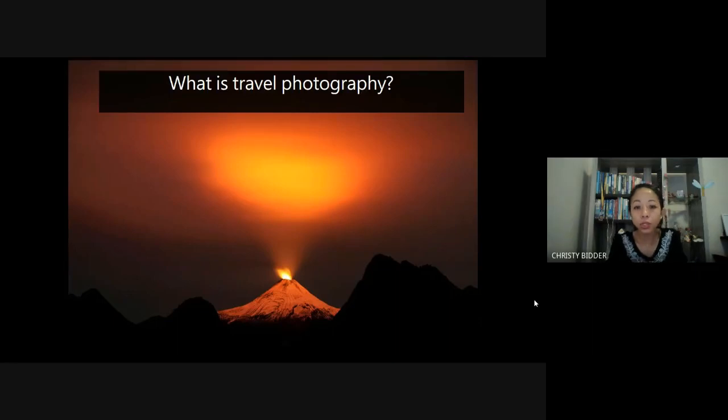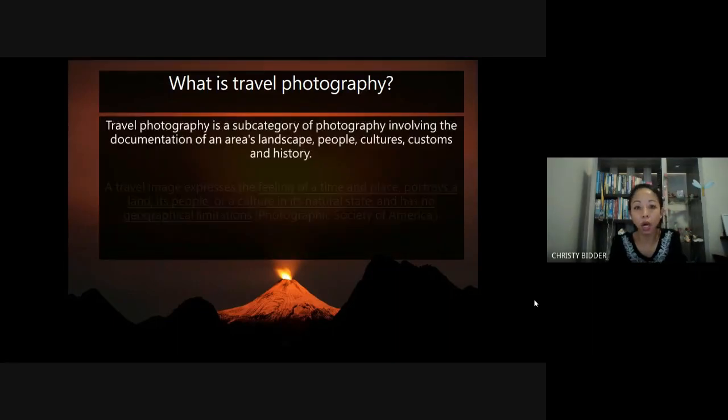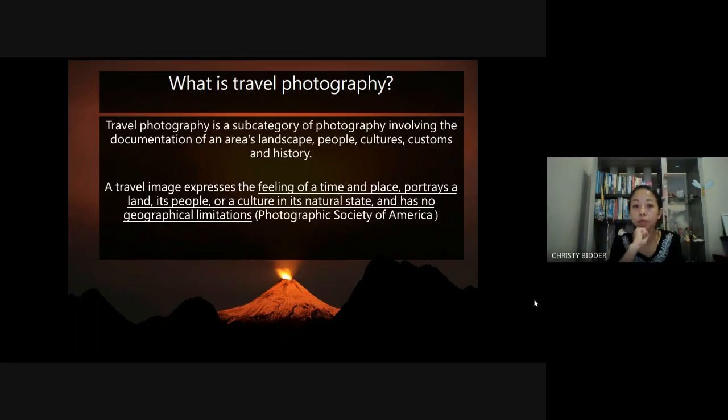We have come to the second part of topic one, travel photography. What is travel photography? For now, let's just understand travel photography as a subcategory of photography involving the documentation or recording of an area's landscape, scenery, people, cultures, customs, and history.